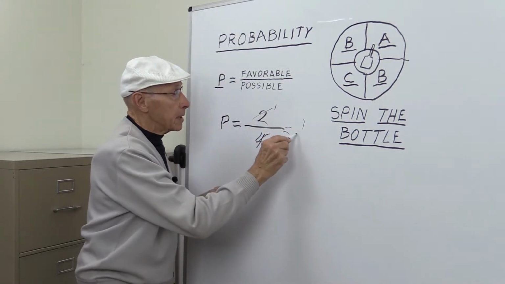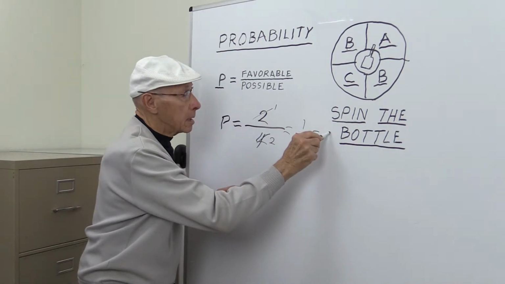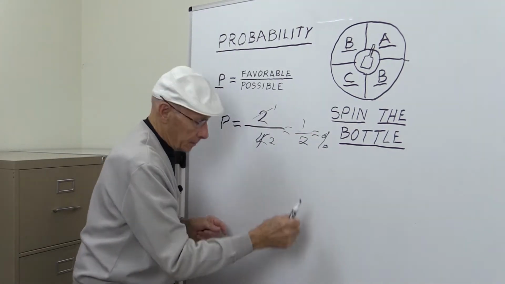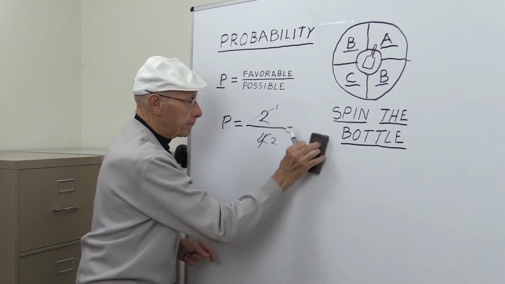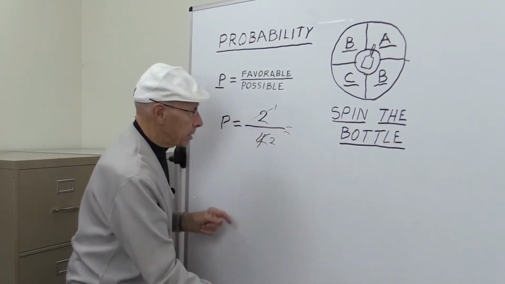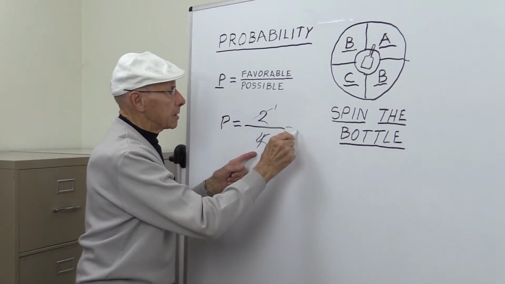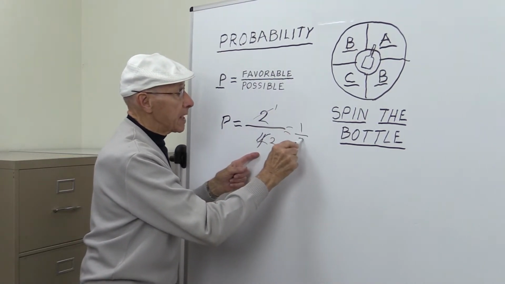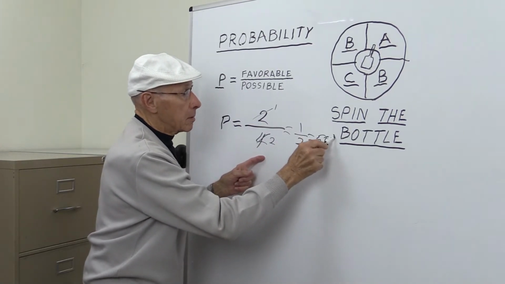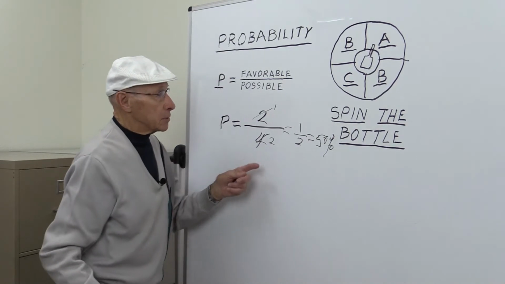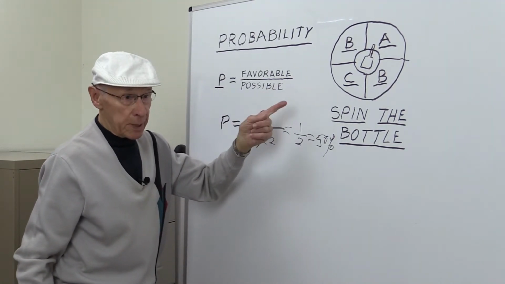So the probability is a half, which is equal to 50%. So you have 1 out of 2 chances of the bottle landing on B.